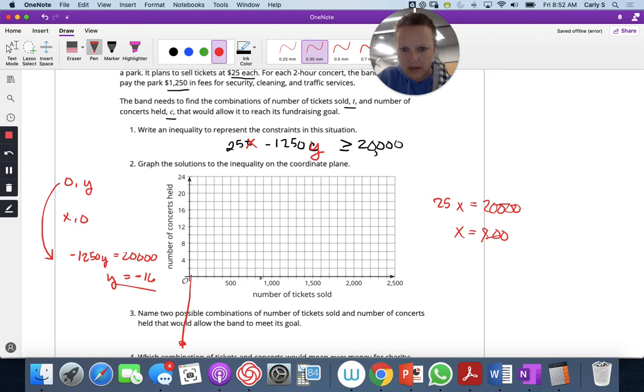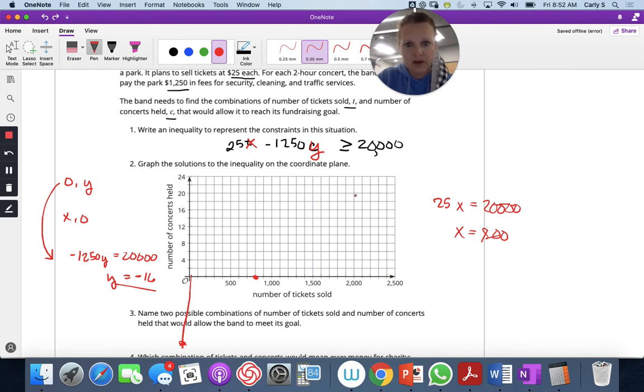That's going to be about, let's see, 5, 6, 7, 8, 9, 10. So 800. All right, so my line would be up like this. Well, not quite like that. But that's not an accurate way to draw a graph. All right, so I just need one more point out here to figure out where to draw it.